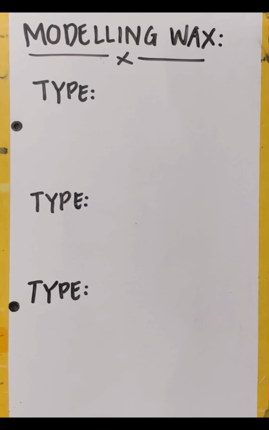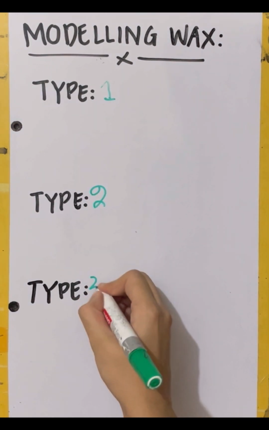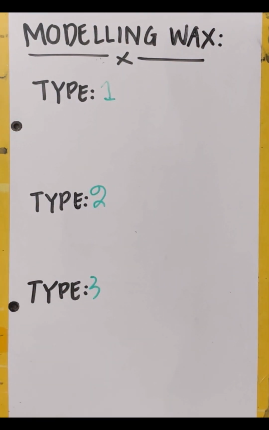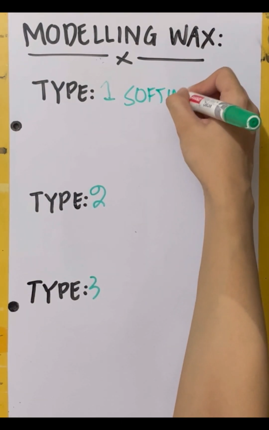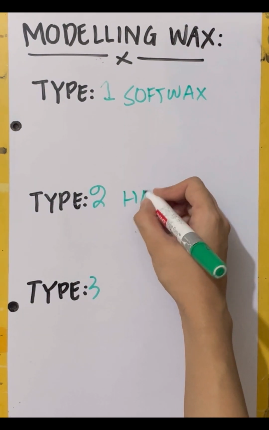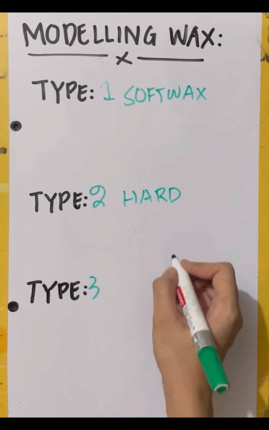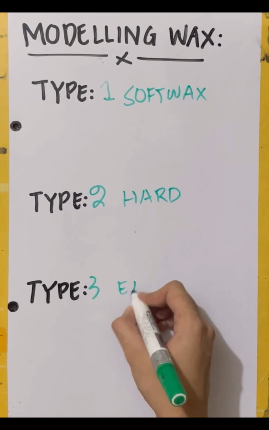The modeling wax is again divided into different types: type 1, type 2 and type 3. So what are type 1, 2 and 3? Type 1 is a soft wax, type 2 is a hard wax, and type 3 is extra hard.